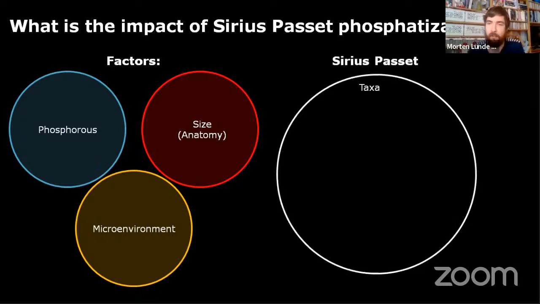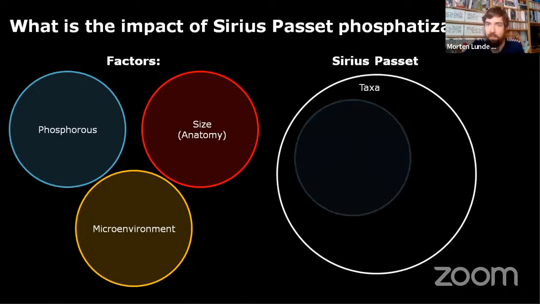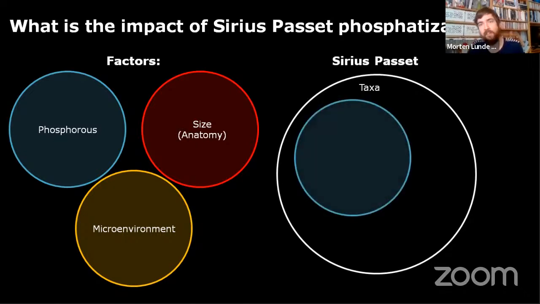And just to illustrate this point, I've made a conceptual diagram where this circle represents all the different taxa and the tissues of Sirius Passet. Within this circle, all the taxa that occur within this blue circle are the taxa or tissues that have enough phosphorus content to phosphatize.